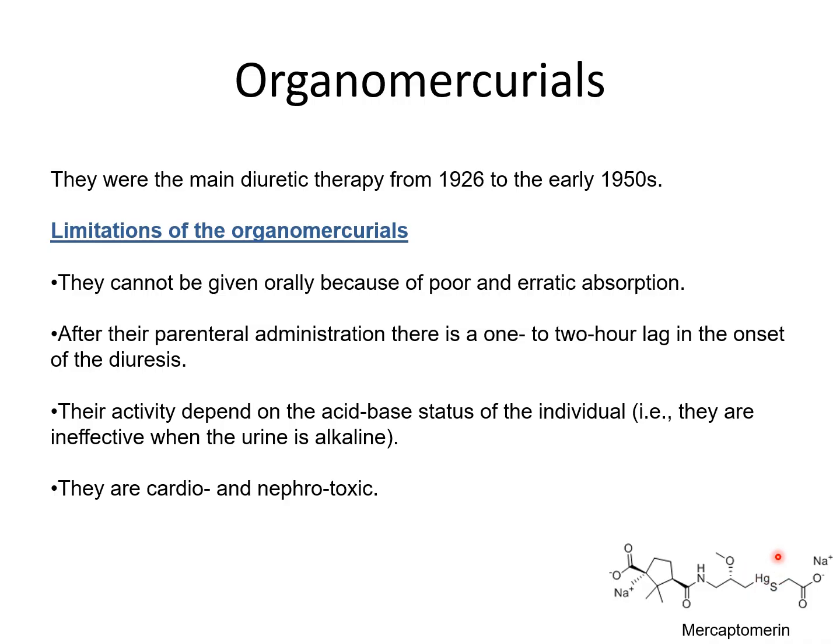So they inactivate those by binding to their thiol site in their amino acids. Basically, that mercury binds to that thiol, and that inactivates the sodium transporters in the proximal tubules and the thick ascending limb of Henle that we talked about. Okay, so this is how they work. The mercury binds to the sulfur in the proteins exactly.